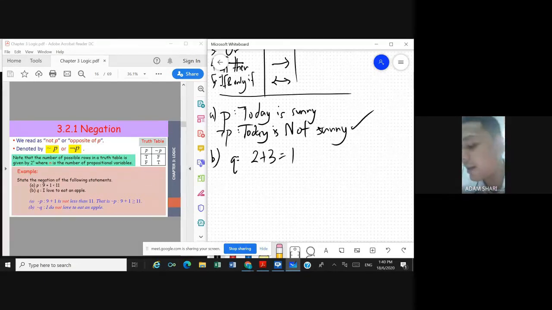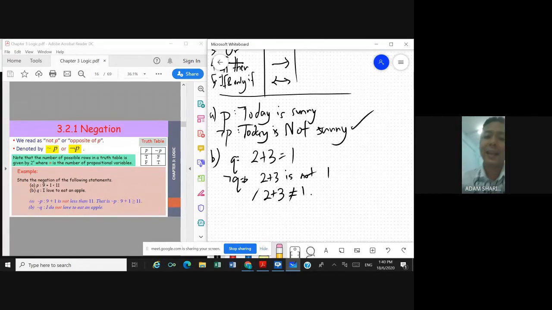Okay, 2 plus 3 equals 1. What is not Q in this case? You can say 2 plus 3 is not 1, or you can say it very simply as 2 plus 3 is not equal to 1.